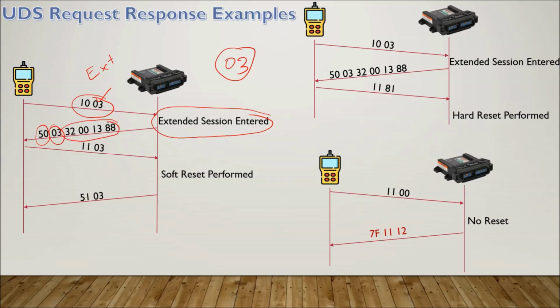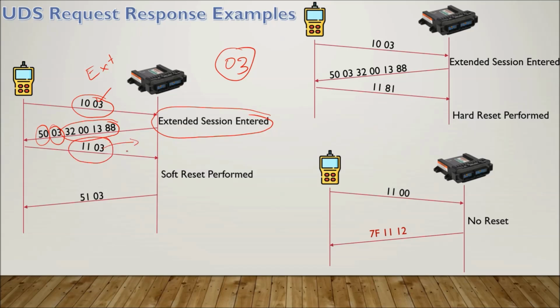value. If you want to know what these parameters are and how this request service happens, then please view the diagnostic session control service explained, which I have done in a previous video of this series. In the thumbnail and in the description, I'll be putting the link to that video as well. After the diagnostic session is changed from the default to extended, then we can request the ECU reset.